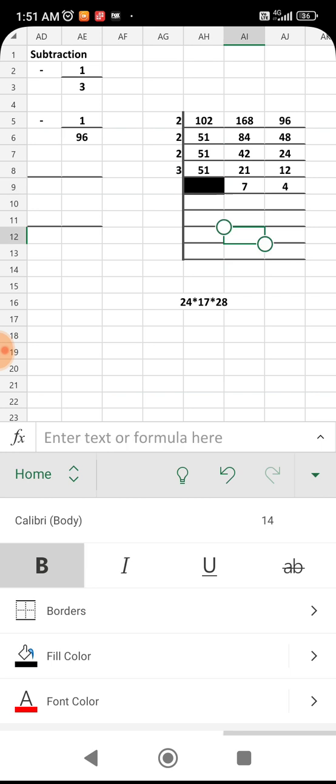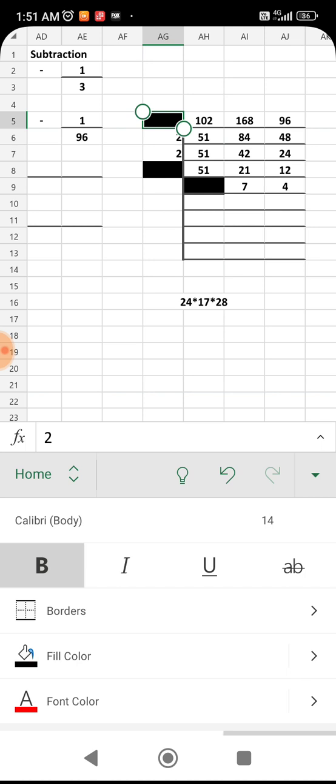Okay, and then these 3, and these 2 I am covering. This is 102. Why? Because by these two it is not changed, by these three it is changed. So this 3's multiplication is 102.